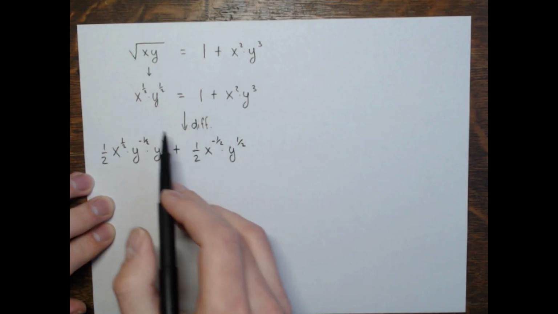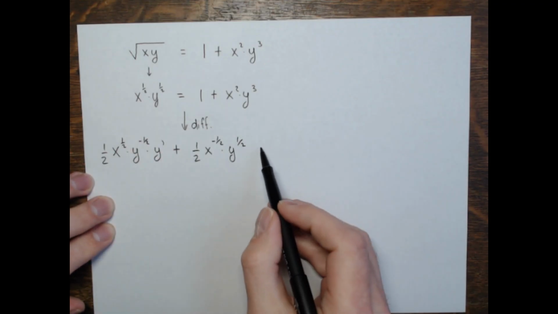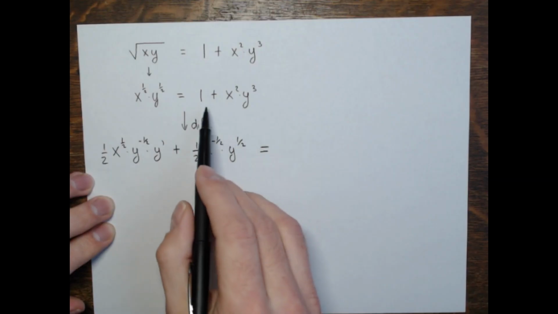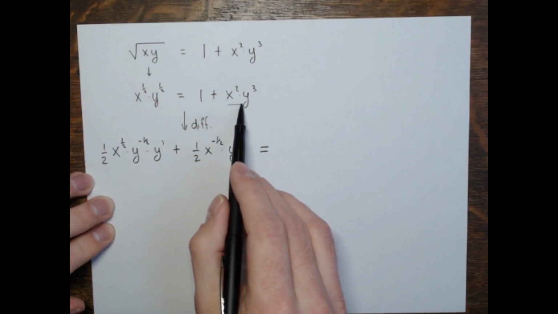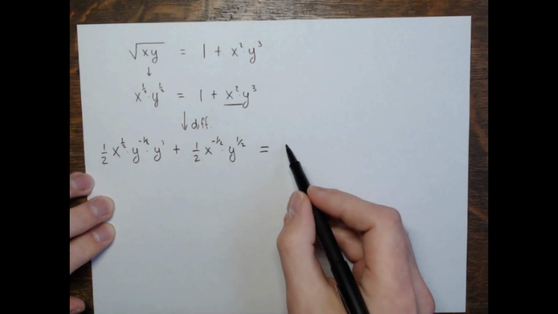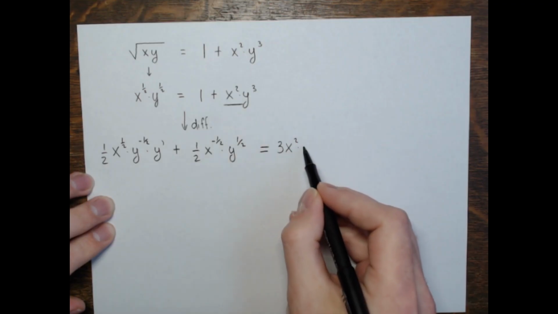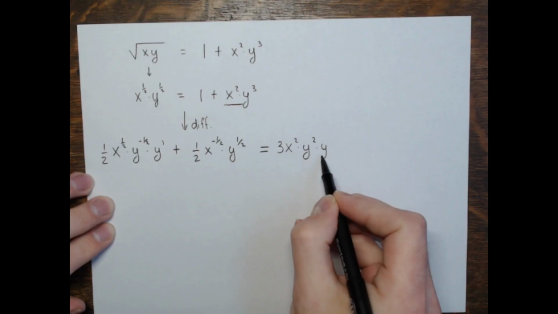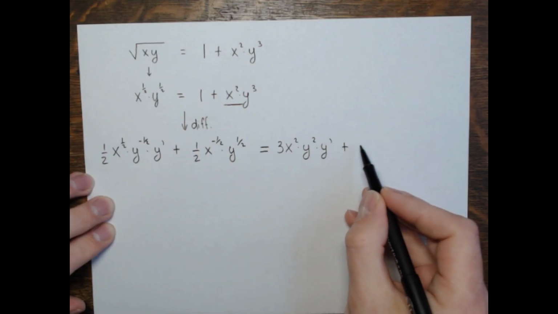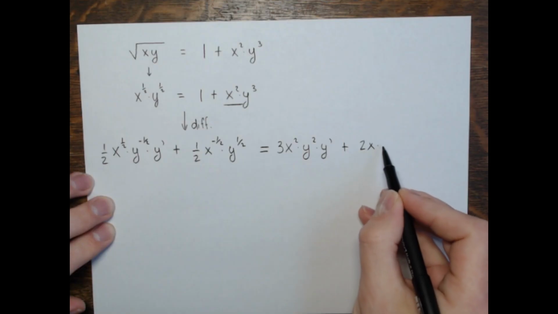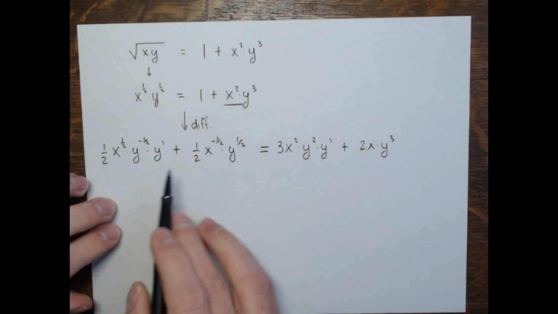So there's the product rule applied to the left side, equals, and then the right side, derivative of 1 is 0, and then I have another product rule: x squared times derivative of y cubed, 3y squared times y prime, plus derivative of x squared, 2x, times y cubed.